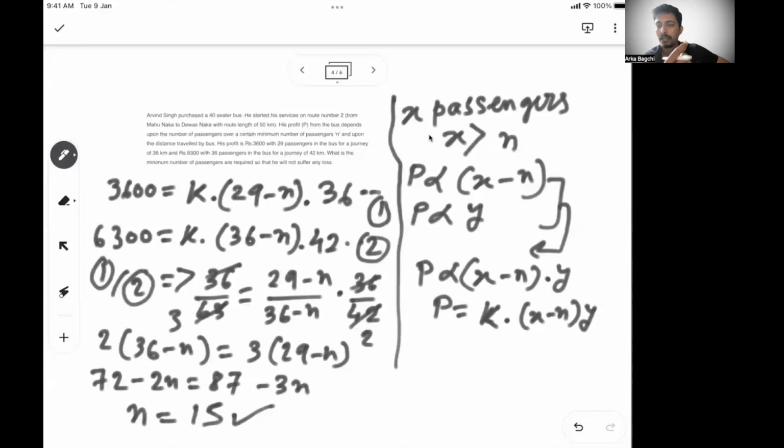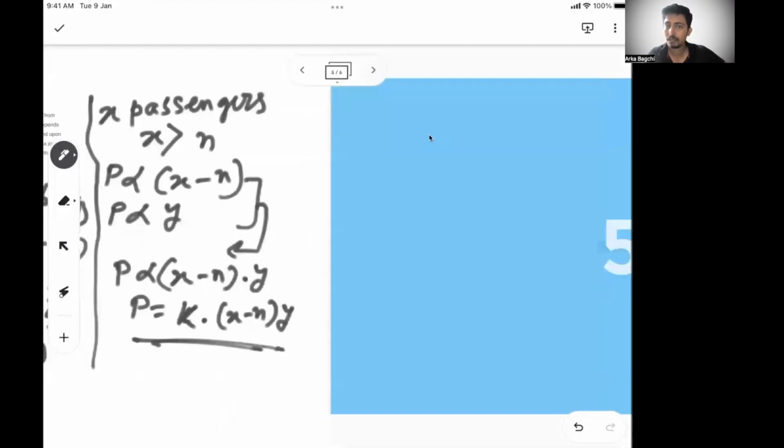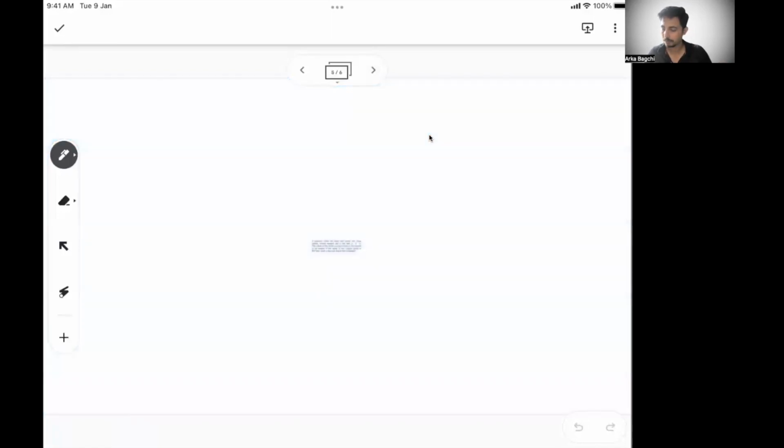So your understanding will tell you: number of passengers more, profit more, so direct proportion. Distance more, profit more, so direct proportion. Then apply joint variation to get this equation right. Once you get the equation right, you just have to put the values in the equation and solve it. Move on to the next problem.